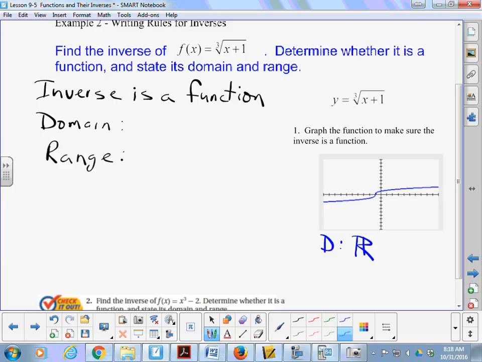So is it ever going to stop going up or down? This graph, even though we don't see much of it, if we expanded it, would just keep falling and falling going to the left, and keep rising going to the right, which means the range would be all real numbers also. That makes it nice. So just remember, when you find the domain and range of the inverse, we switch them. The domain for the inverse is the range of the function, and vice versa, but in this case, these are both going to be all real numbers.